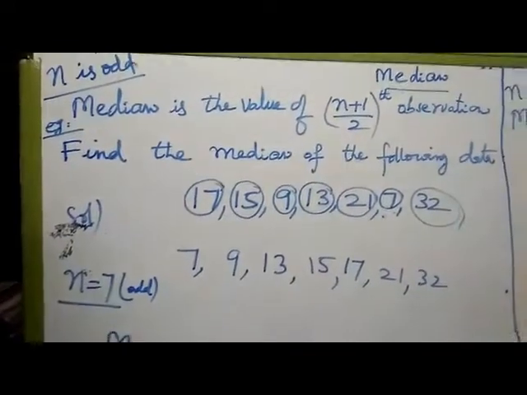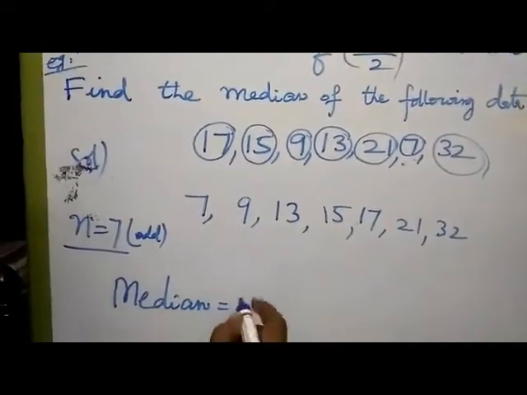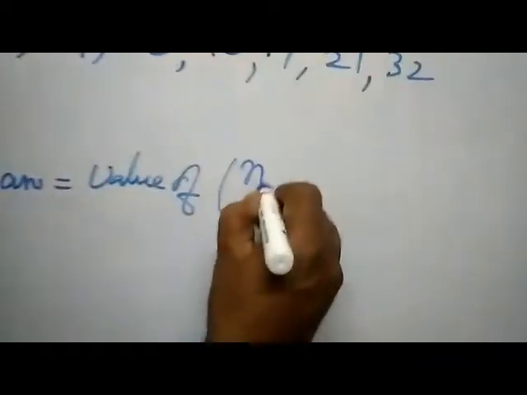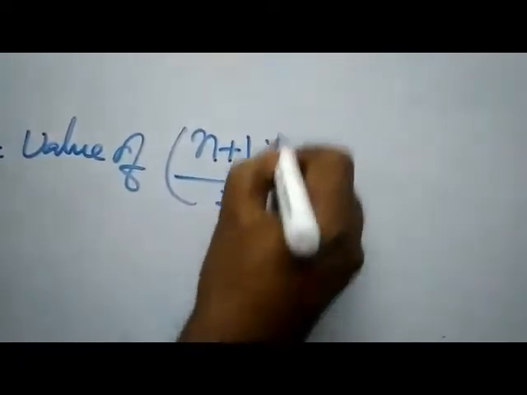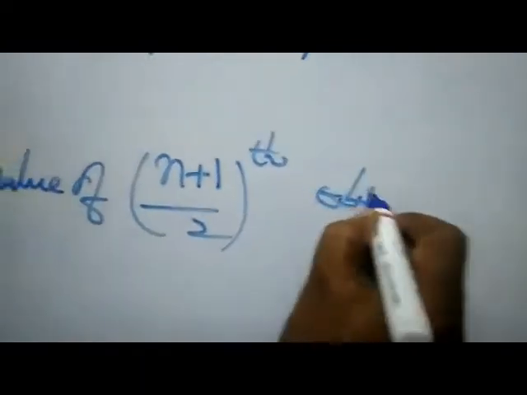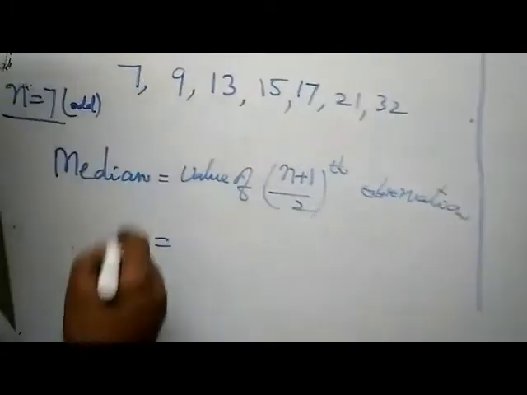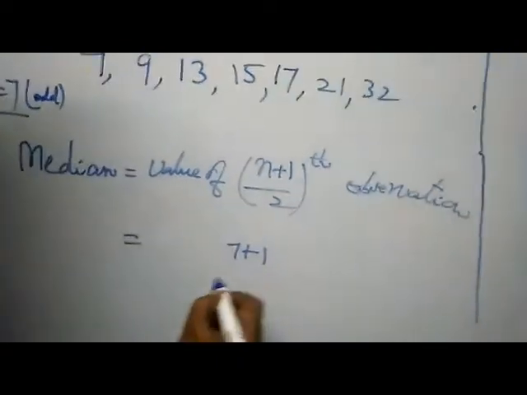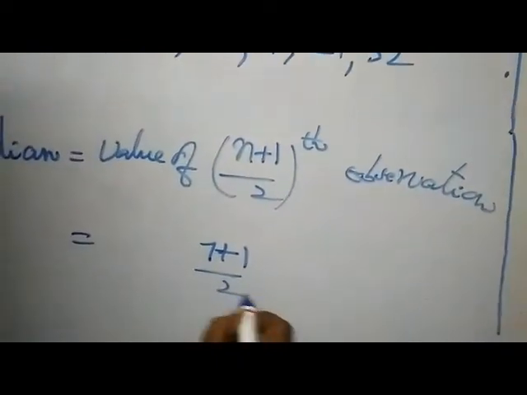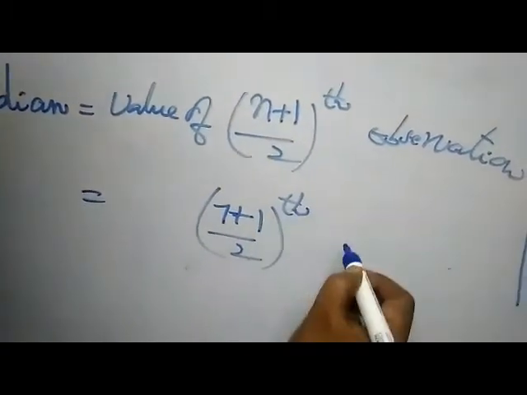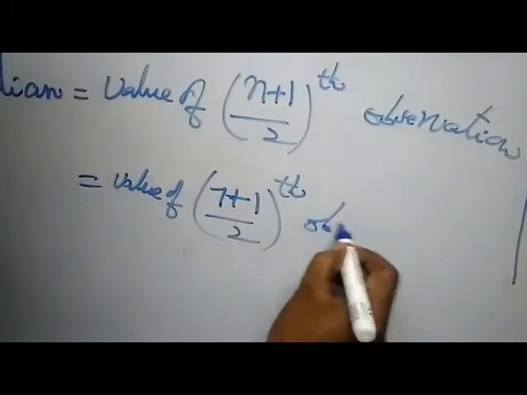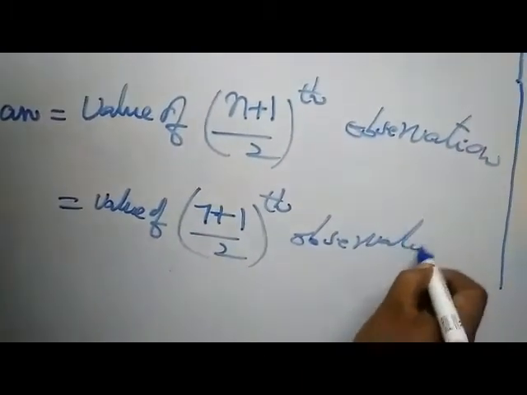That's why median is equal to the value of n plus 1 by 2th observation. What is the n value? 7. 7 plus 1 by 2th observation.